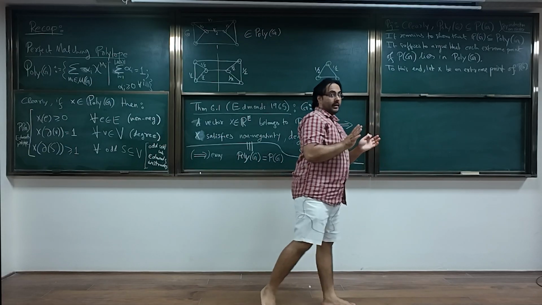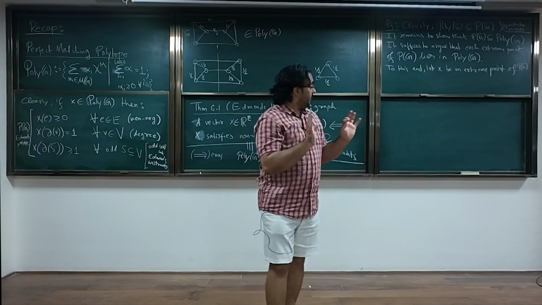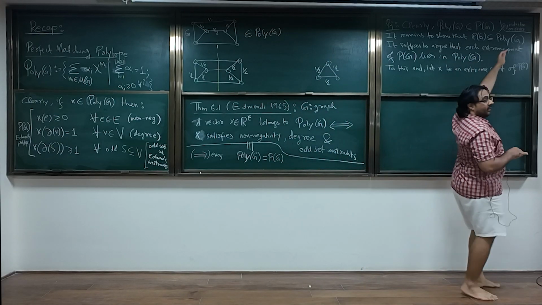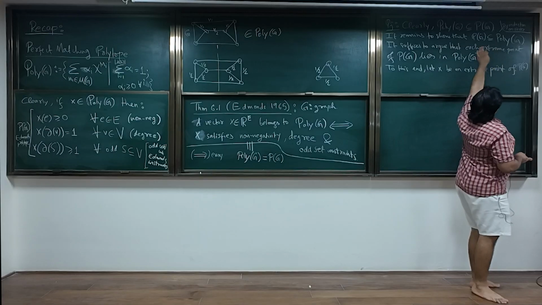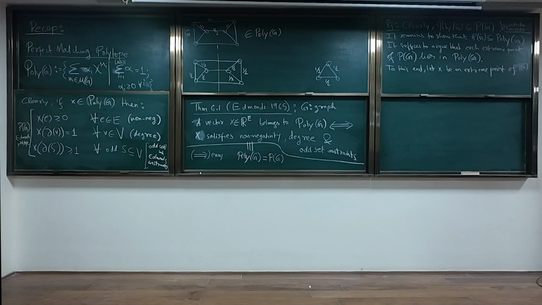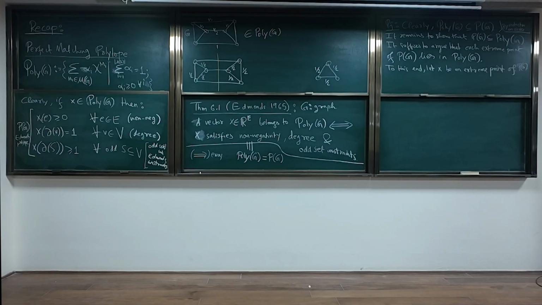So if we get a smaller graph, then for the smaller graph we can assume that the two polytopes are equal. In particular, Edmonds Polytope is contained in the perfect matching polytope. But when we get a smaller graph, we should also get a corresponding vector.